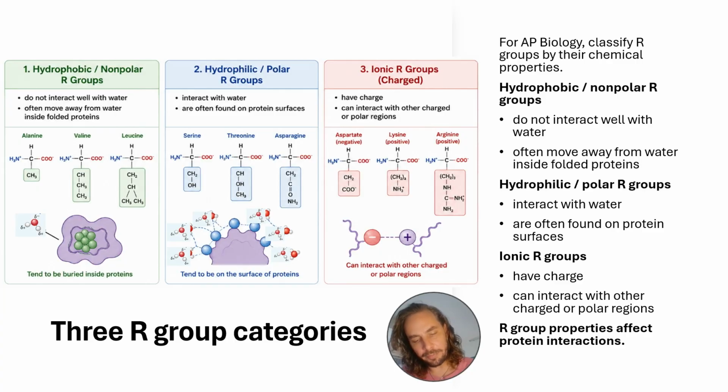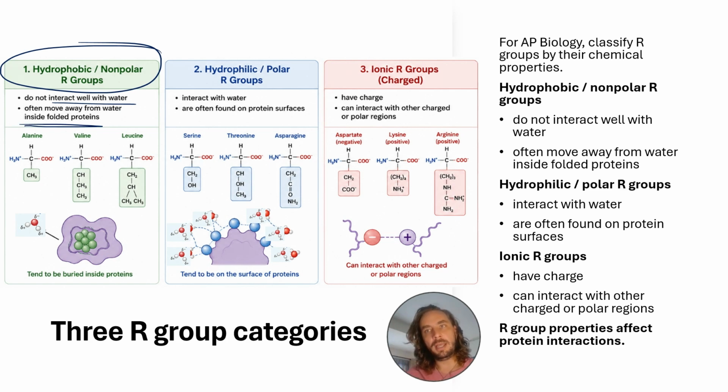Now, the hydrophobic or non-polar R groups do not interact well with water, and they often move away from water. So if I have a protein that has these hydrophobic groups, those proteins will fold in to the center of the protein to be further away from water, because they don't like interacting with water.